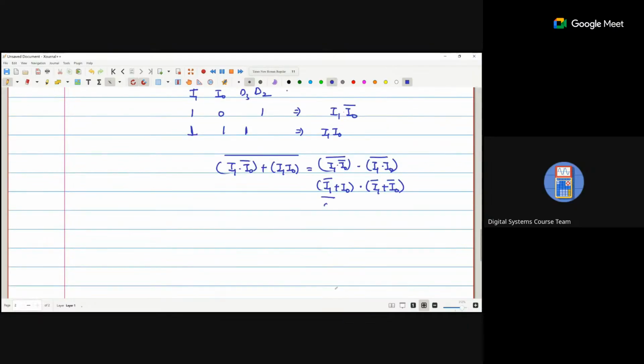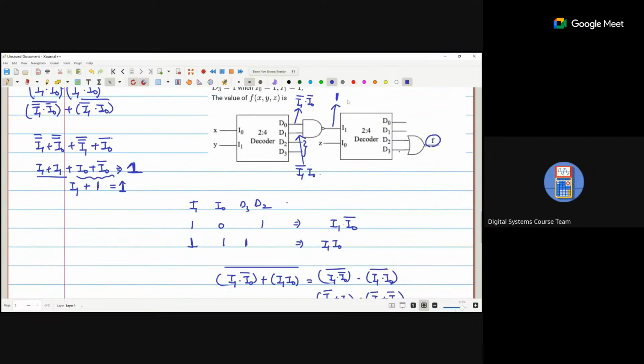Okay, A plus B, A plus C. What is the formula? A plus B C. So I1 bar plus I0 bar I0, that is 0, leaving I1 bar. Now what is I1? Why? 1.